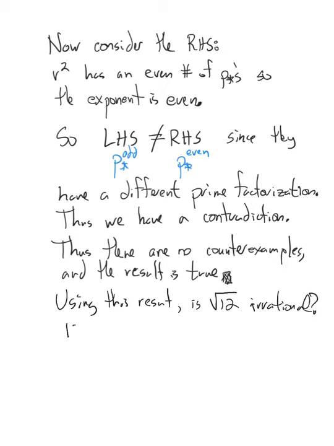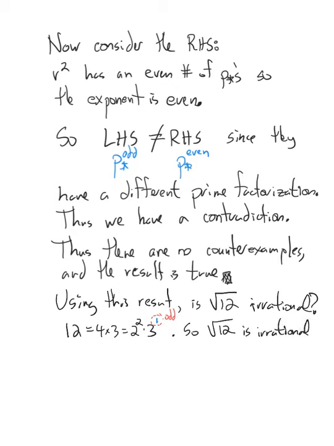Well, let's check. 12 is 4 times 3, which is 2 squared times 3 to the power 1. So as soon as you see this odd exponent in the prime factorization, you know the square root of that number is irrational. So square root 12 is irrational.